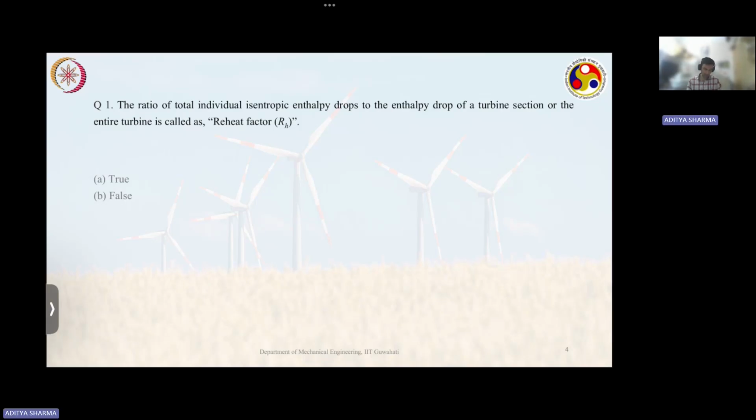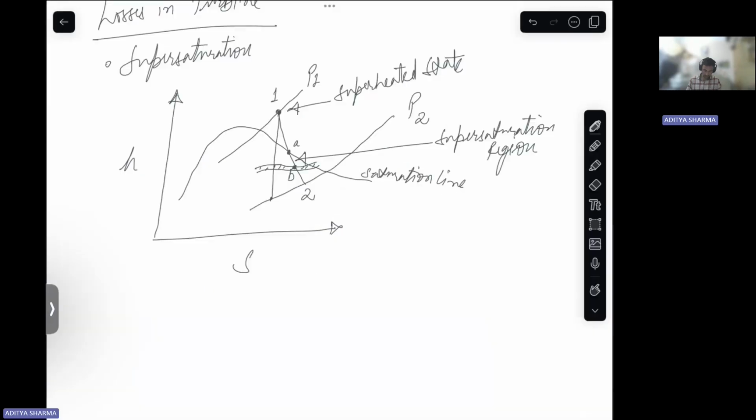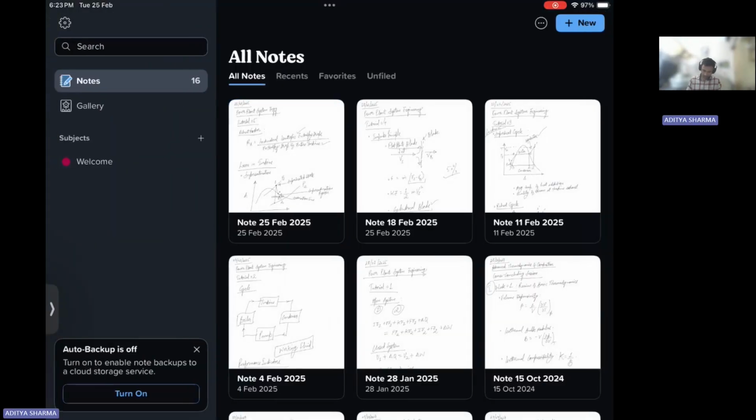The question says that the ratio of total individual isentropic enthalpy drops to the enthalpy drop of a turbine section or the entire turbine is called as reheat factor. So whether this is true or not, please try to answer. And in the meantime, maybe I can try to find out.